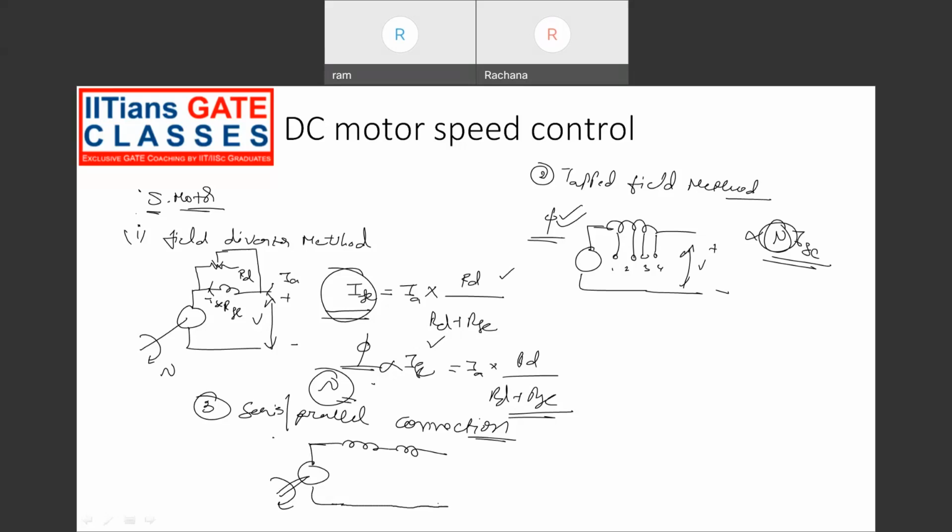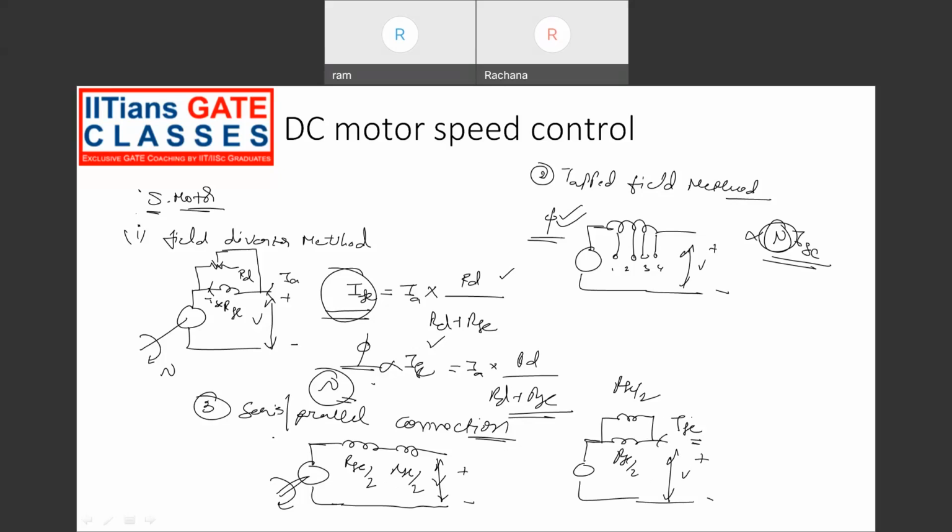In the series connection, the winding is divided into two parts, and the two parts are connected in series. The resistance is RSC by 2 here, and RSC by 2 here. Then we have a parallel connection in which the two windings are connected in parallel. This is the voltage V, RSC by 2 and RSC by 2, and this is the series current ISC.